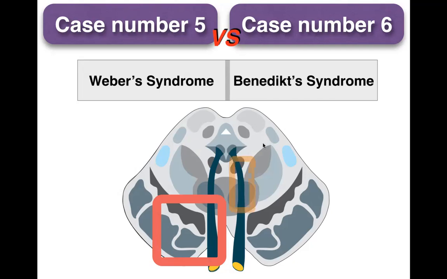While Benedict syndrome also affects the medial midbrain, but it's a little more towards the core, nasa bandang loob. That would result in a lesion affecting the tract that forms cranial nerve number 3, the red nucleus, as well as the medial lemniscus. So this is their difference from each other.